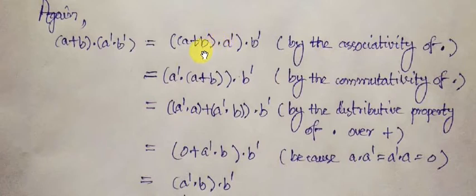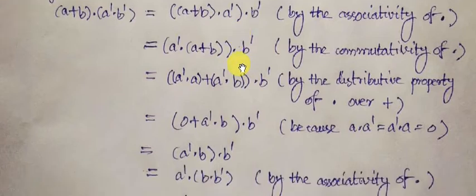So (a + b) into a complement, we can write this as a complement into (a + b), and into b complement remains the same. Now we are using the distributive property of multiplication over addition.